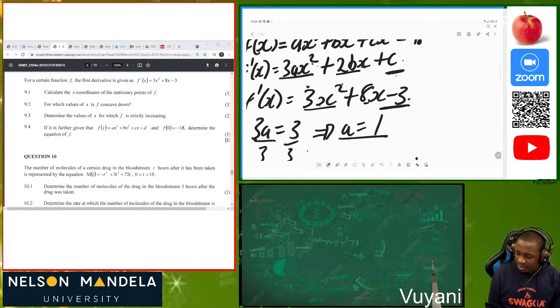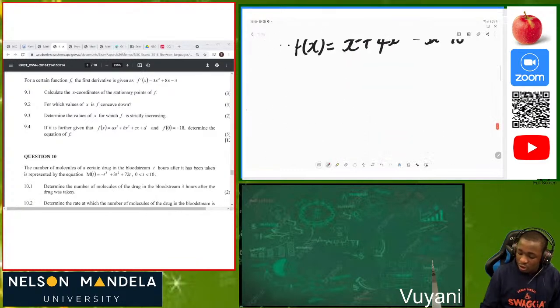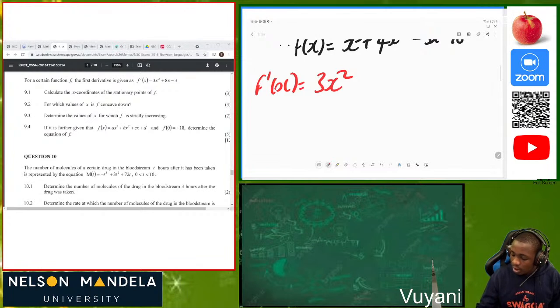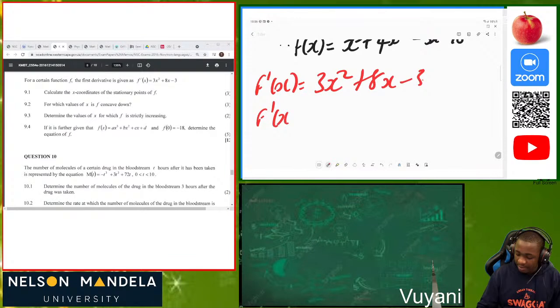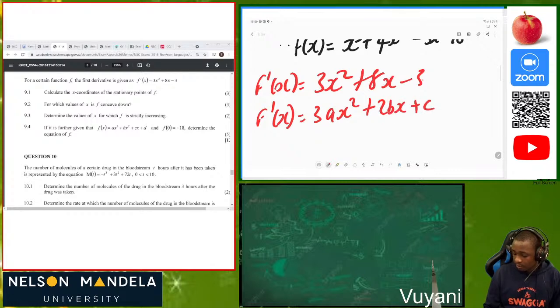Let me write something here so that maybe you can see this. We are told that f prime of x is 3x squared plus 8x minus 3, and we also calculated that f prime of x is 3ax squared plus 2bx plus c.